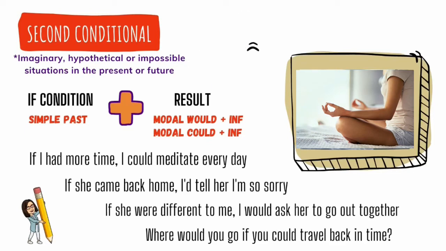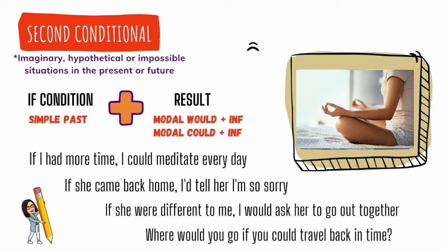So, for doing so, we have the if part or the if condition clause that is in simple past plus the result clause or the main clause that will be using the modal would plus infinitive or the modal could plus infinitive. So in the second conditional sentences, what we have is an imaginary condition, and then we get a hypothetical result in the present or in the future.